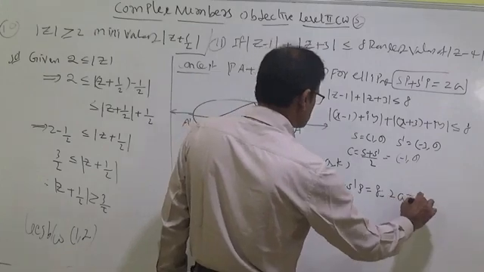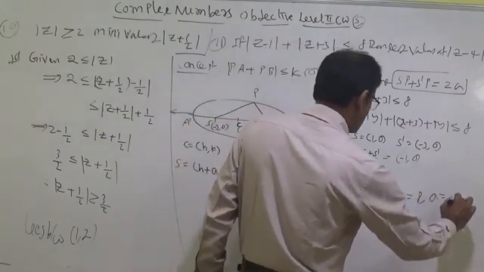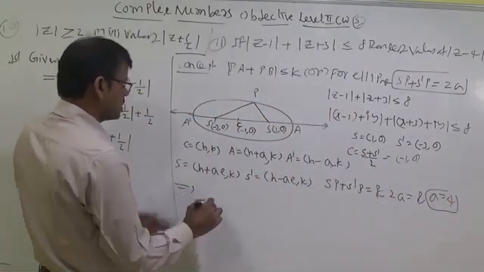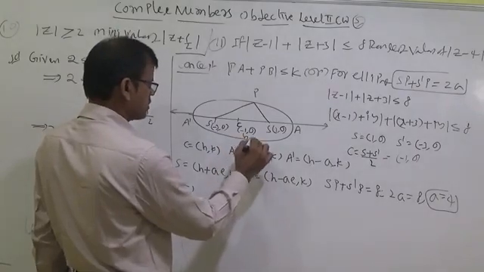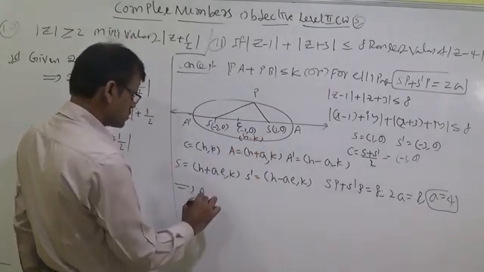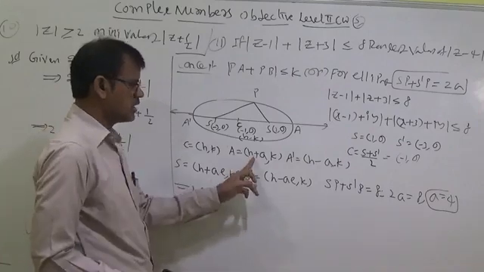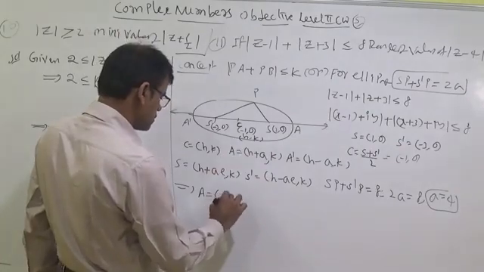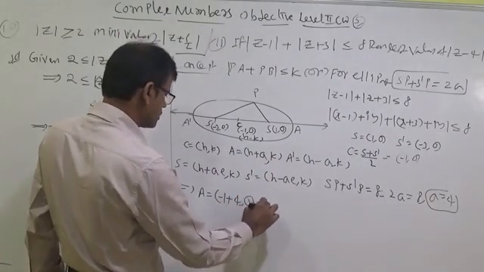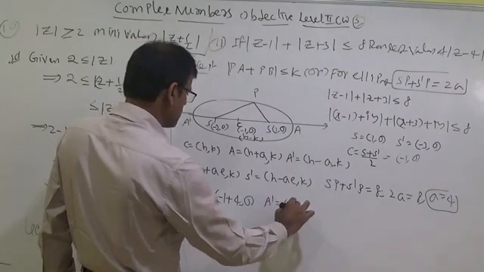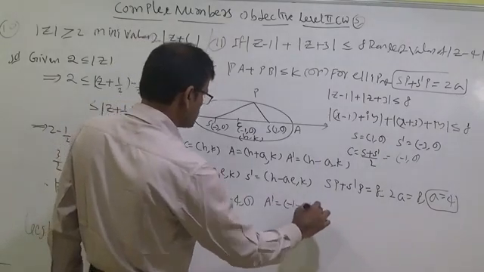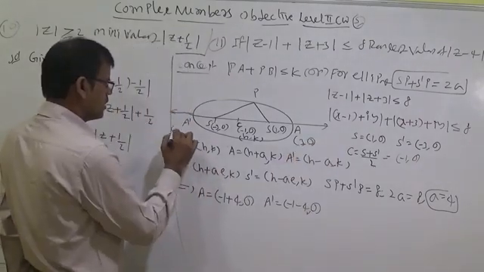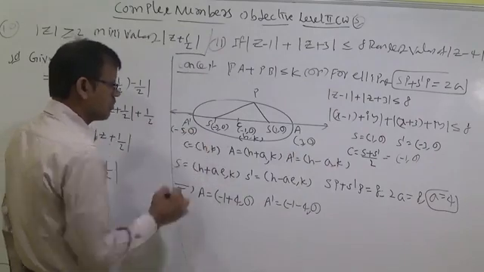So 2a is 8, therefore a is equal to 4. Now h, k is minus 1, 0. A is h plus a, k, so minus 1 plus 4, 0. A dash is minus 1 minus 4, 0. So at A you can write 3, 0, and at A dash you write minus 5, 0.